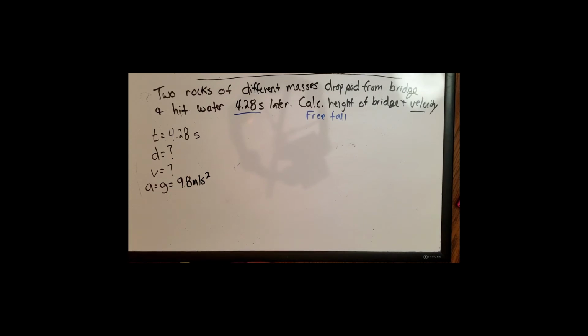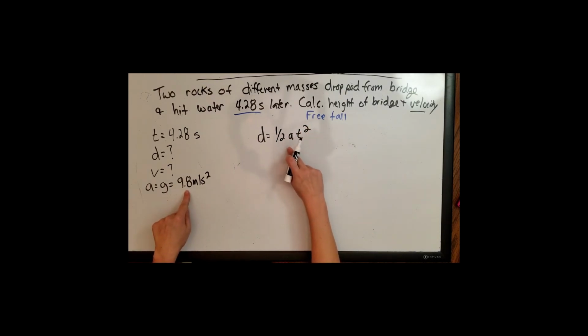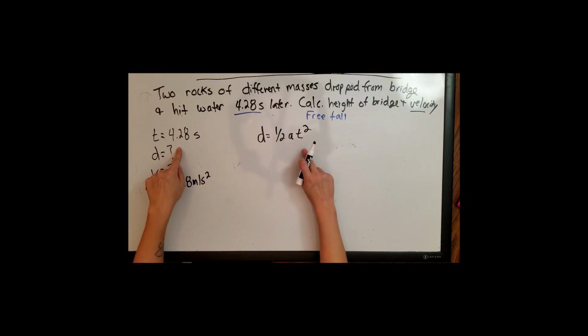All right, so now we want to try to find some equations that are going to help us. So let's solve for distance first. So if I want to solve for distance, the equation that I can use is 1/2 at squared. I have a, that's gravity. I have time.